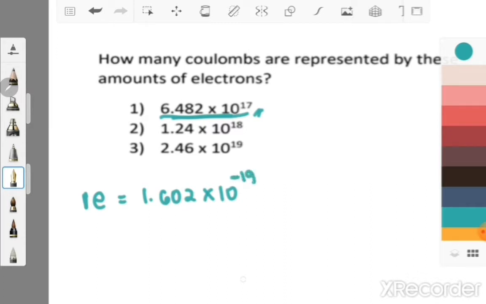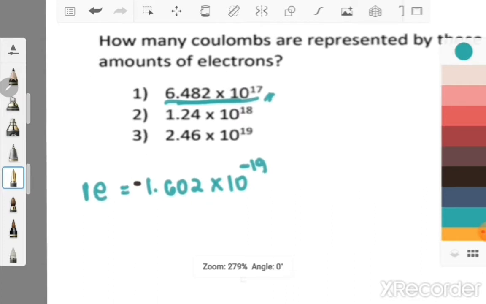If you are not familiar with this charge, which I have discussed a while ago, you can use your calculator. Just find E, shift 7, and then look for the E that stands for elementary charge. Okay? Since it is an electron, we must say that the electron has a negative charge. So we have 1 electron equal to negative 1.602 times 10 raised to negative 19.